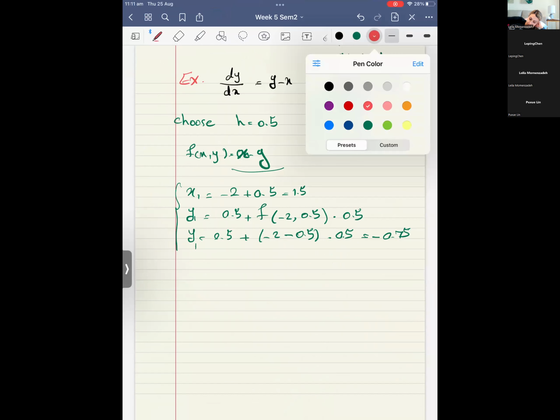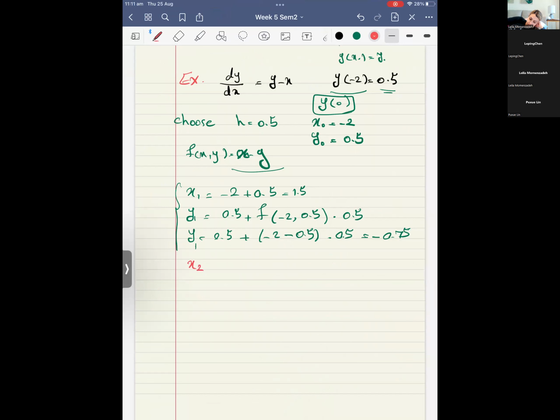Next step: x2 is equal to x1 plus h, and y2 is y1 plus f of x1, y1 times h.